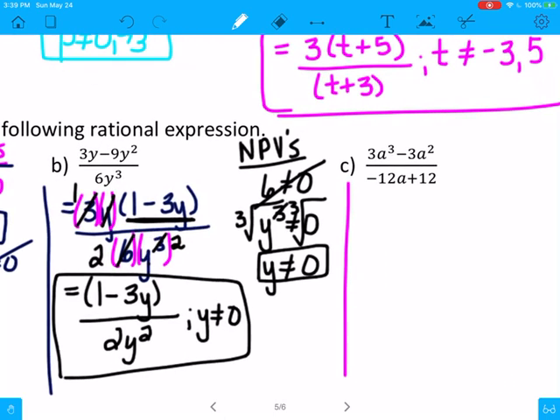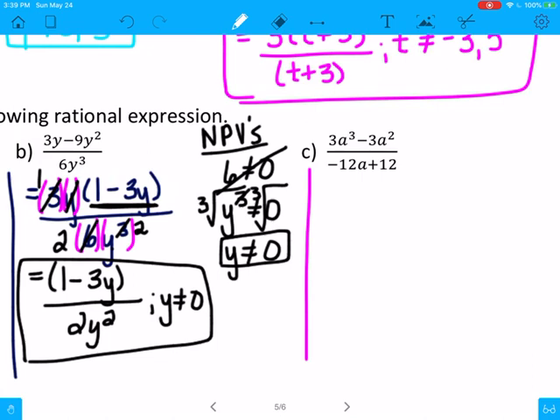For C, it's a little more complex because I have to take out GCFs. So in the top, in the numerator of 3a cubed minus 3a squared, I can take out a 3a squared. I take a 3a squared out, and out of 3a cubed I'm left with a, and then negative 3a squared divided by 3a squared is minus 1.